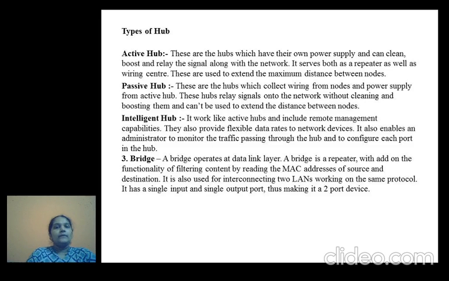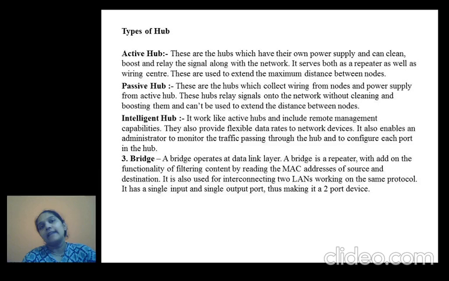The intelligent hub works like an active hub and includes a remote management capability. So it provides a flexible data rate to network devices. It also enables an administrator to monitor the traffic passing through the hub. It means the intelligent hub helps us manage the traffic between the nodes.